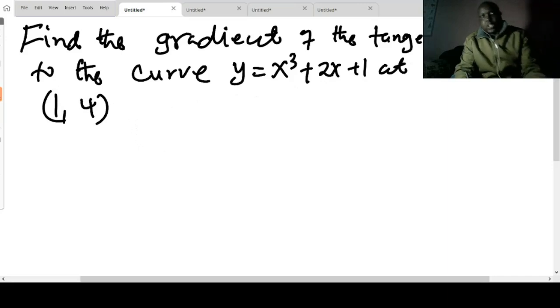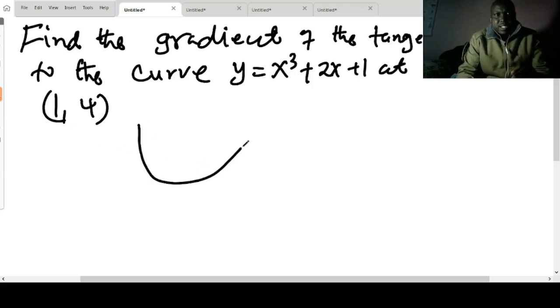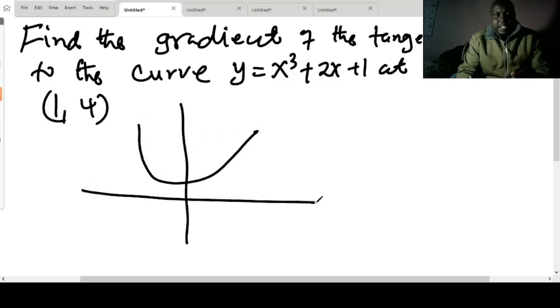Very good. So the point on the curve is (1, 4), where the tangent was drawn. Mahali walichora hiyo curve. So assuming this is a Cartesian plane, this is x and this is y. So mahali walichora hii y hapa, hii point hapa ndio tutakuwa na (1, 4), that point.